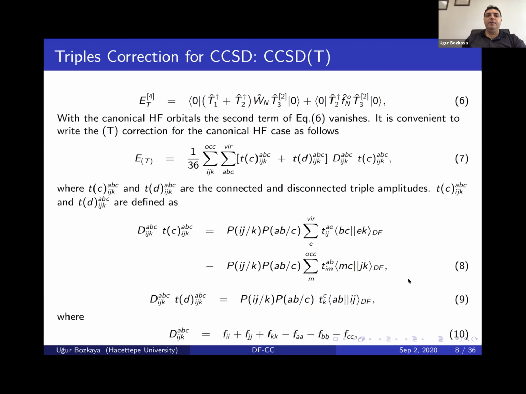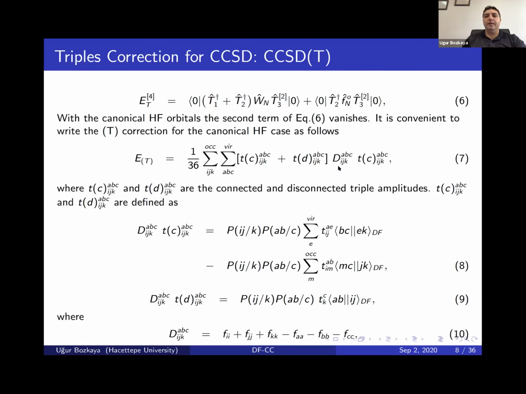And we may also remember the CCSD(T) correction. The (T) correction consists of several terms. The main term is E_T^[4], which can be written in this closed form. Here, W_N is the normal ordered two-electron component of the normal ordered Hamiltonian, and F_N^od is the off-diagonal part of the normal ordered Fock matrix.